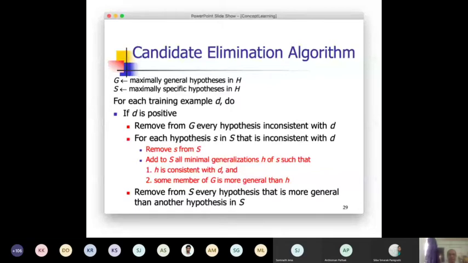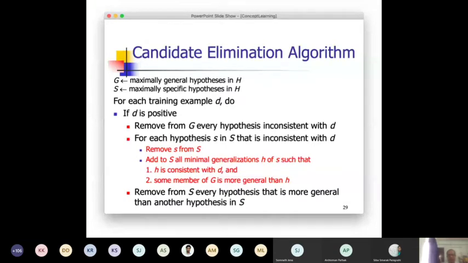Now you have to ensure that there is at least a hypothesis in G which is more general than this modified H, and remove from S every hypothesis that is more general than another hypothesis in S. Now these are all specific cases that one can only understand with examples.